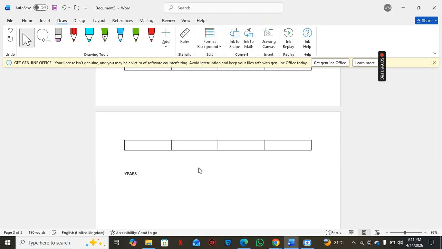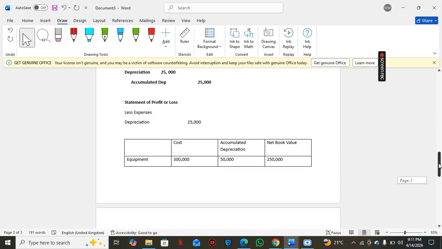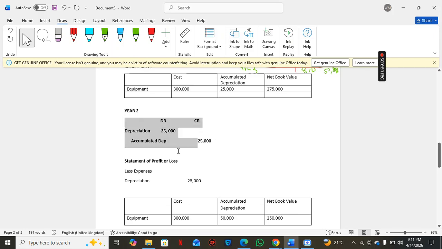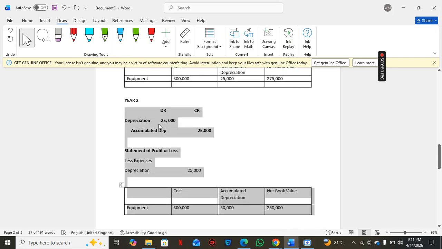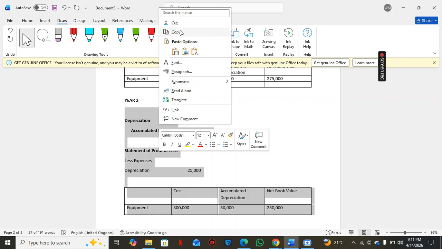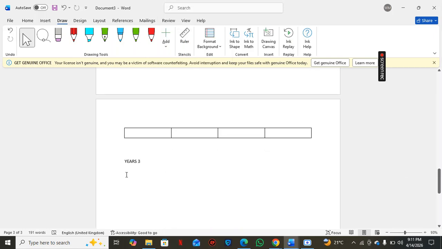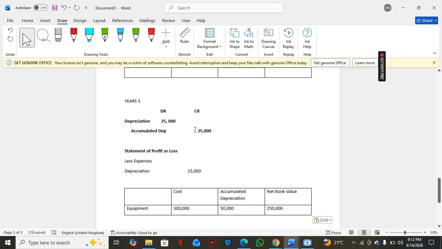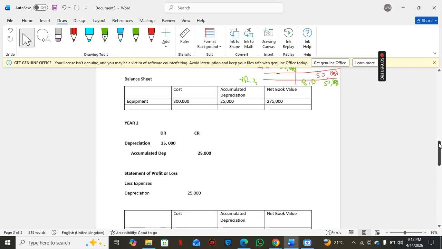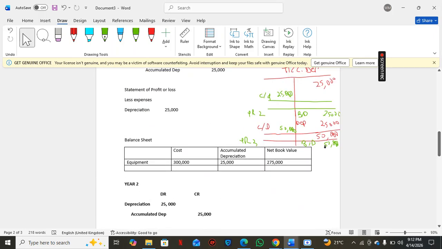Year 3 comes, again, same thing. You do the journal entry for depreciation, debit depreciation expense 25,000, credit accumulated depreciation 25,000. So here, this accumulated depreciation account, remember, year 3, it has opened with a balance of 50,000.